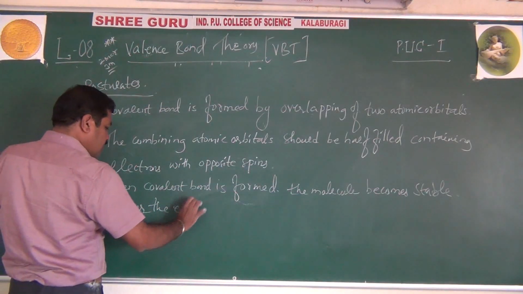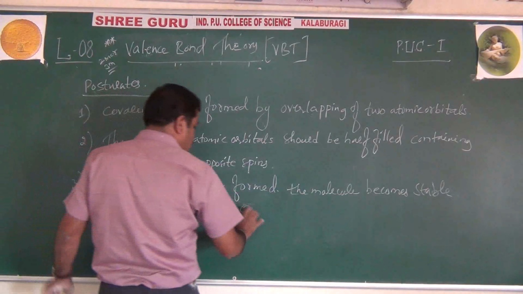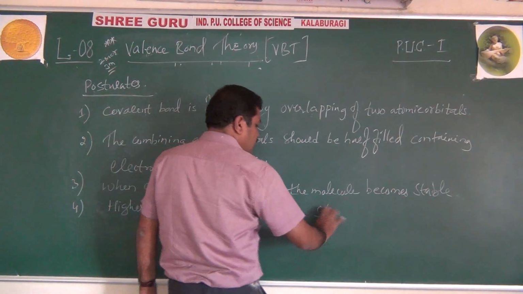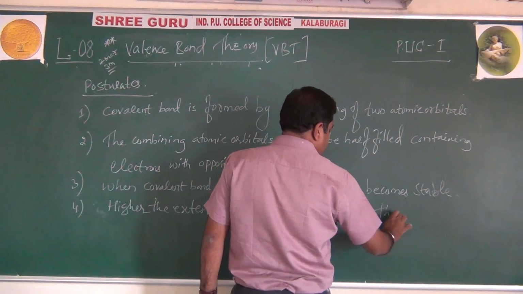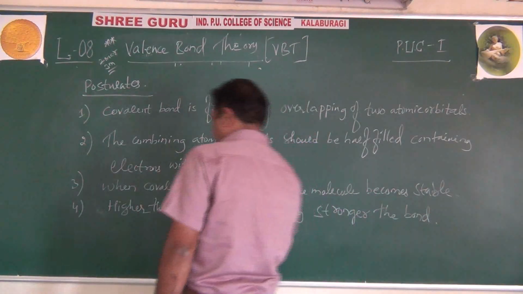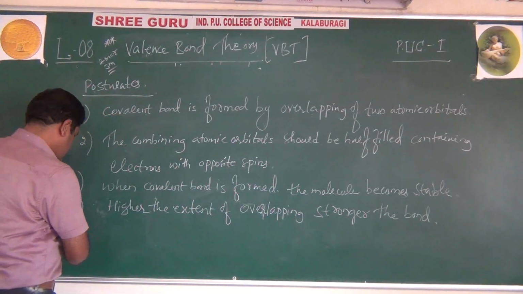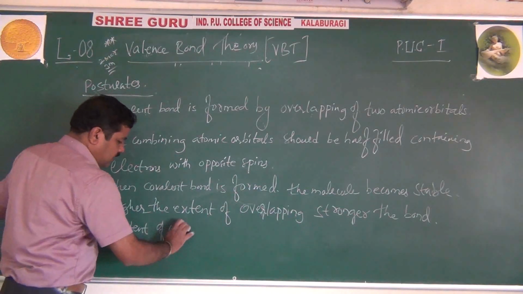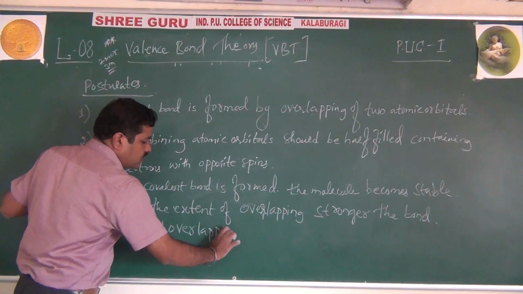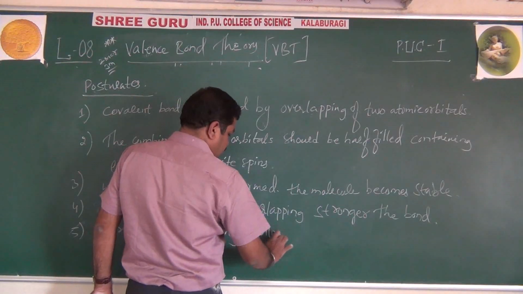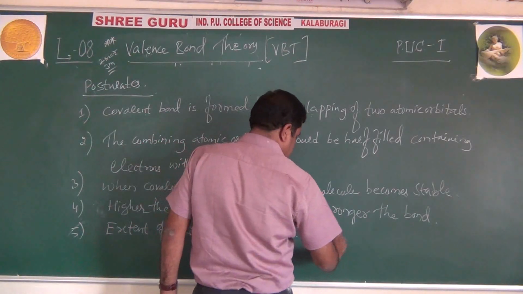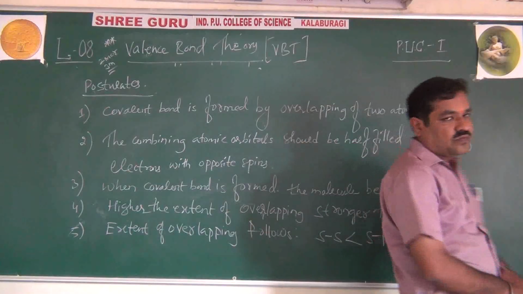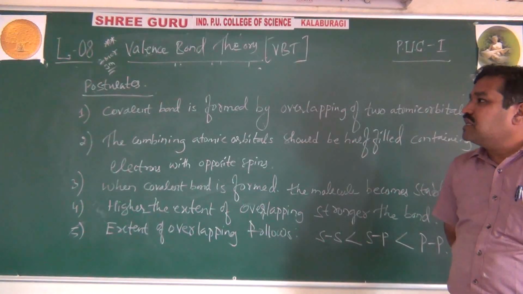The extent of overlapping follows, very importantly, the order SS, SP less than PP. It's very important for 2 to 3 marks in the theory.